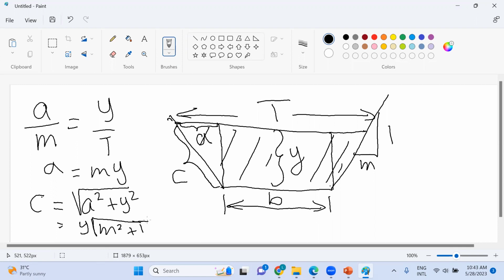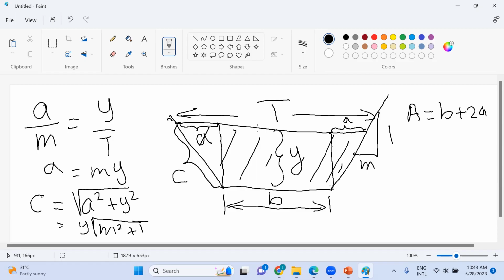All right. So now we have all the parameters we need to find out the area. So what is area now? A is equal to what? This T. How do you write T? It is equal to B plus 2 times of A. Here A, this is also A if the slope is constant, right?